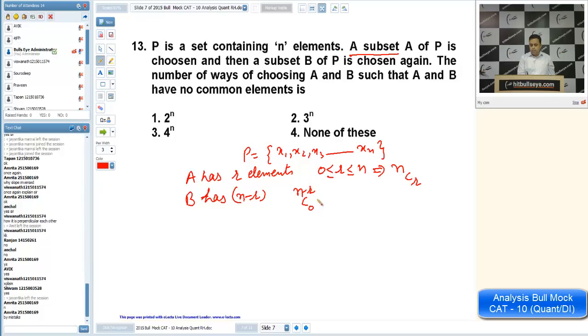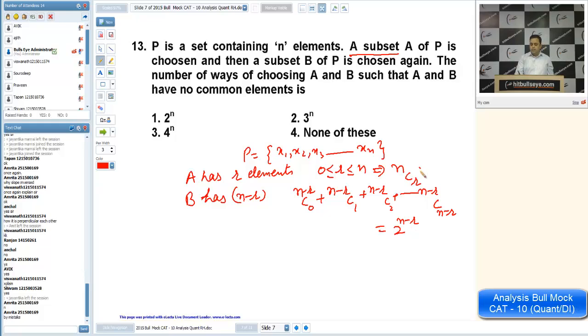If B has only one element, then the number of ways of selecting B is (n minus R)C1, similarly (n minus R)C2, and so on. If set B has all the n minus R elements, the number of ways is (n minus R)C(n minus R). Now this is equal to 2 raised to power n minus R, because we know that nC0 plus nC1 plus nC2 up to nCn is equal to 2 raised to power n.